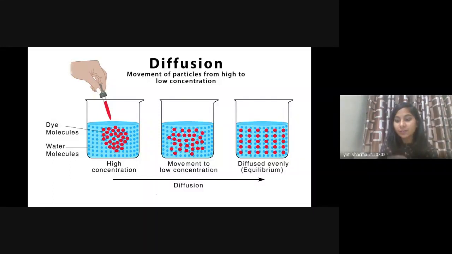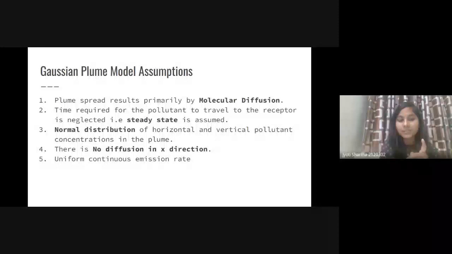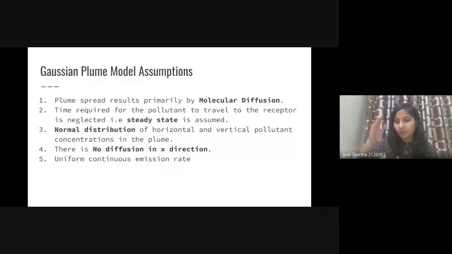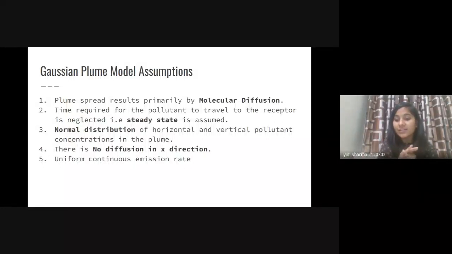So this is diffusion. So our first assumption was that the spread results primarily from molecular diffusion, and this spread will be either in the horizontal, the y direction, or, sorry, the y direction and the z direction.